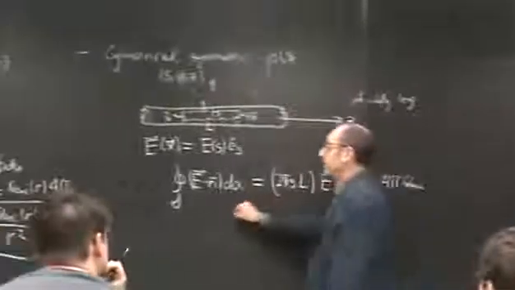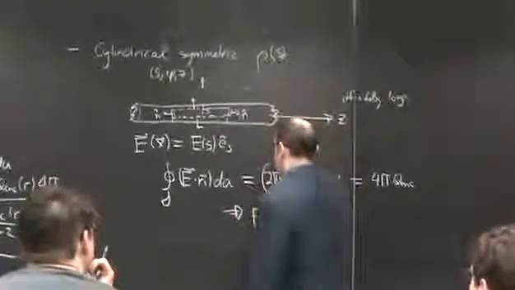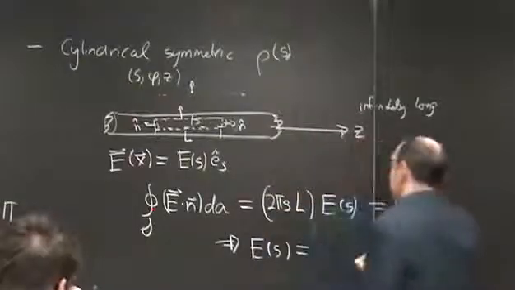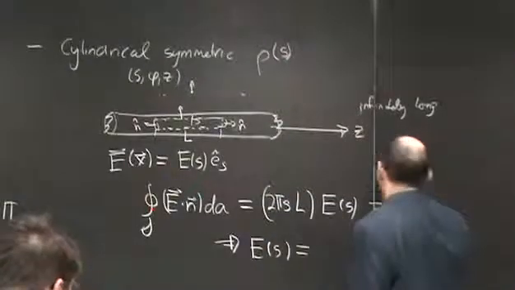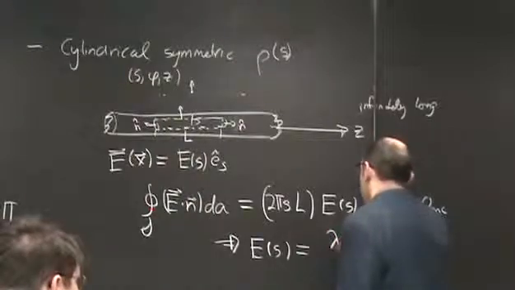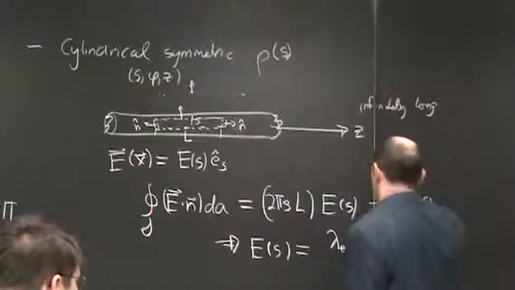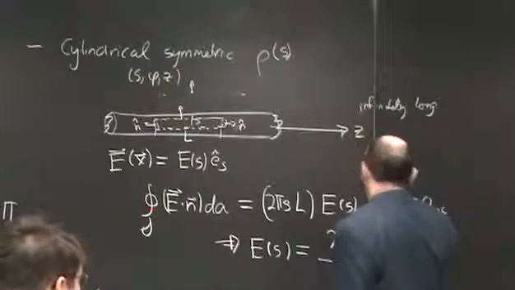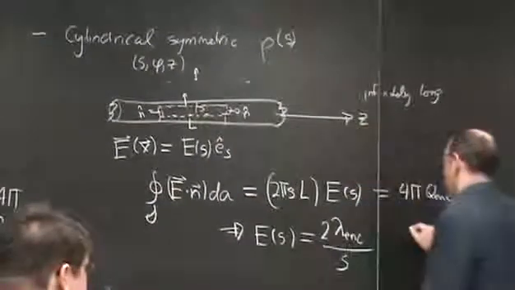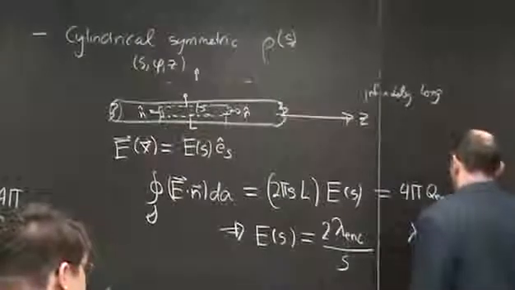And thus, for the cylindrical symmetry, the electric field is equal to lambda enclosed divided by, in this case, S times 2, where lambda is the charge per unit length.